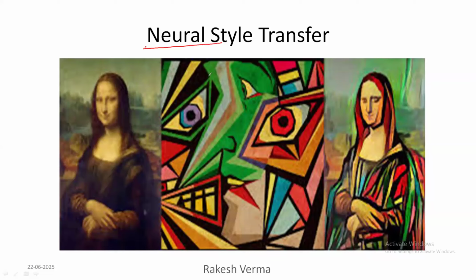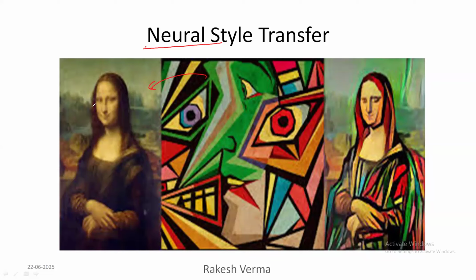I try to embed the features of one image into another image. We can say it is also a type of neural network, a deep learning type, which combines the content or features of one image into another image, and it creates a new image.